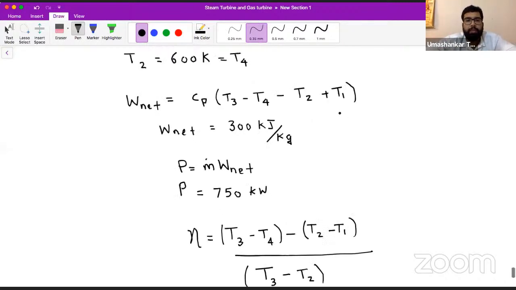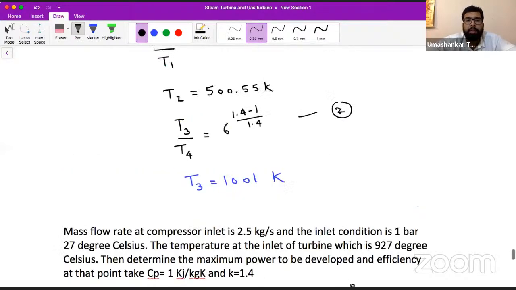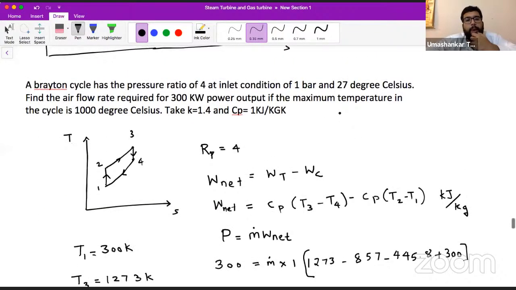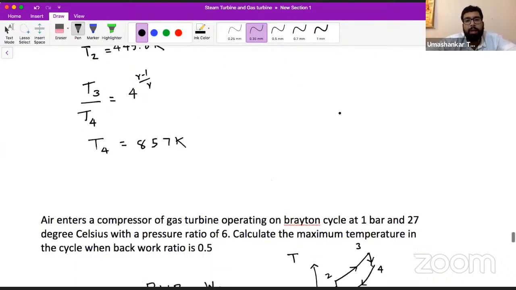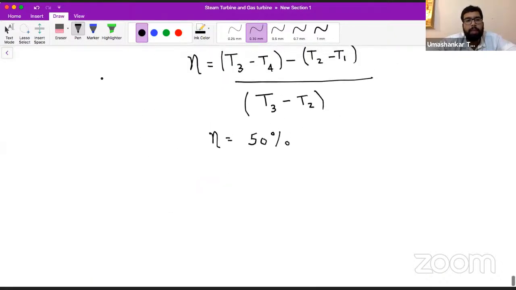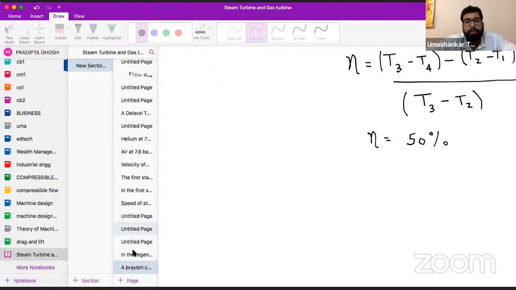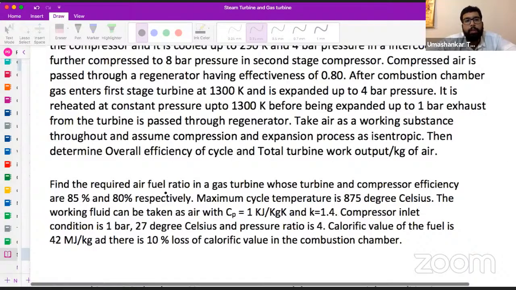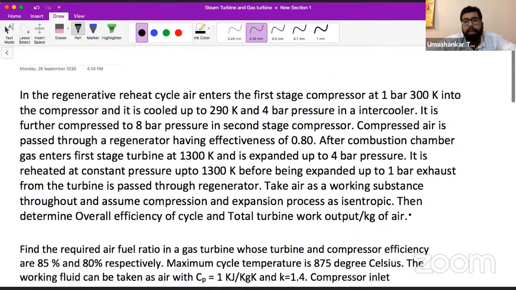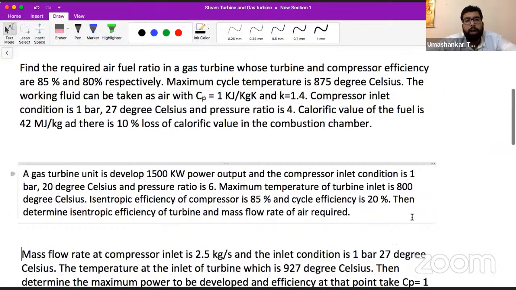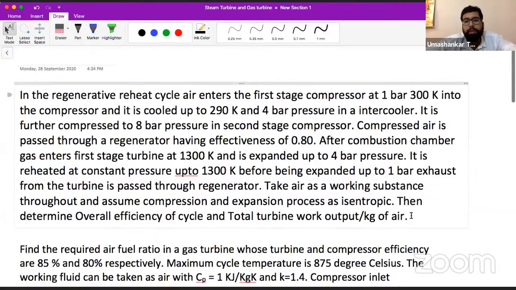In the case where we have discussed the net, we have discussed the maximum power. All right. After that, we have seen the cases of regeneration, reheating, and intercooling.